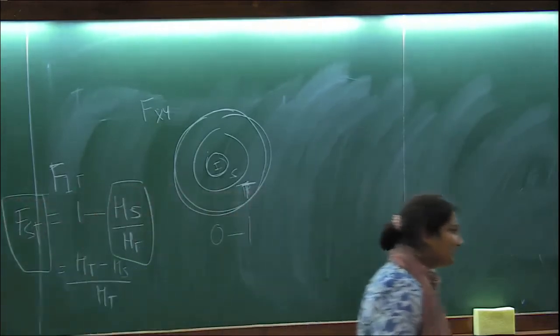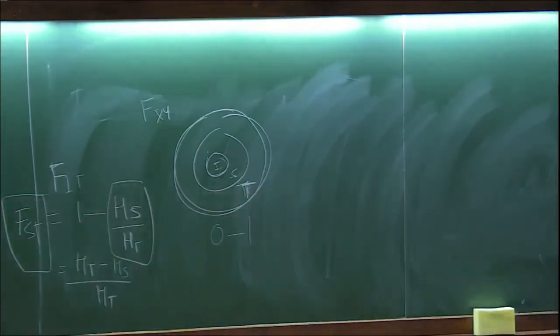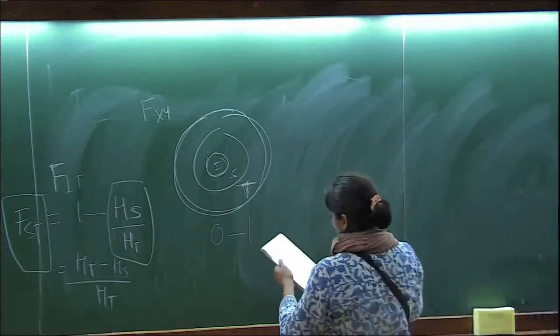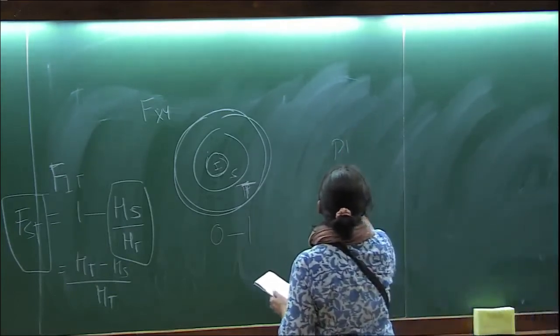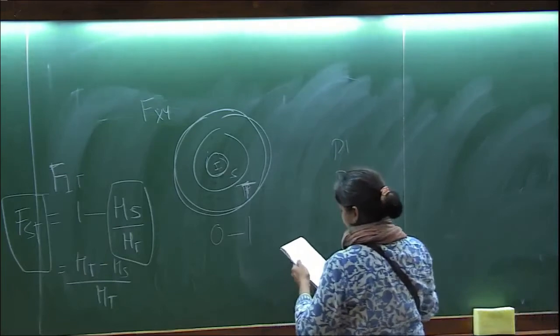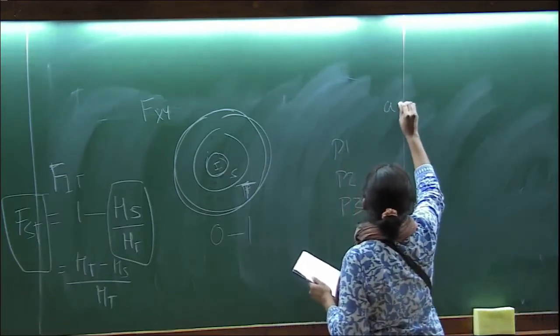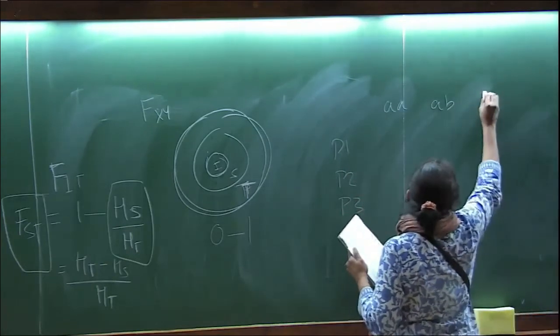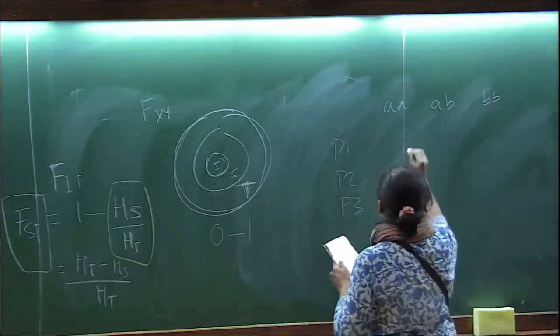We don't have much time, so we'll do a very quick example. I'll just write it out. We don't have to do the whole thing. But imagine you have populations P1, P2, and P3, and again you have AA, AB, BB.